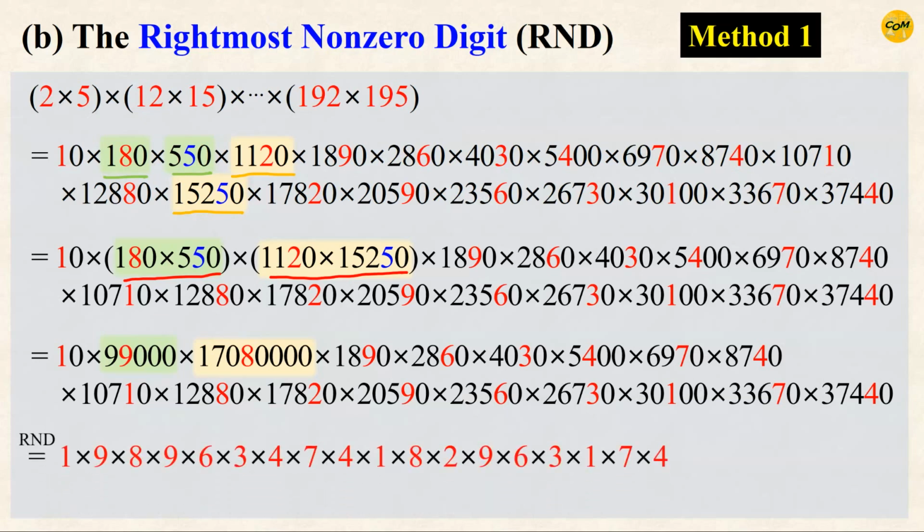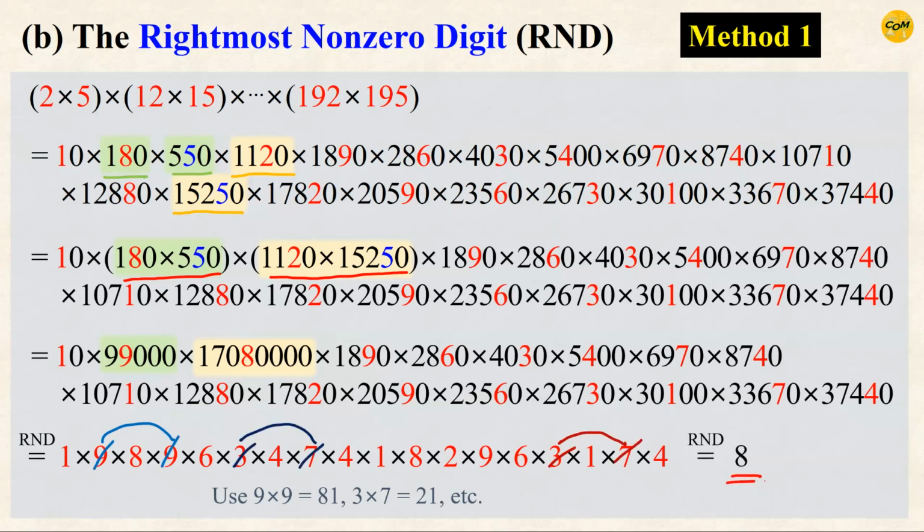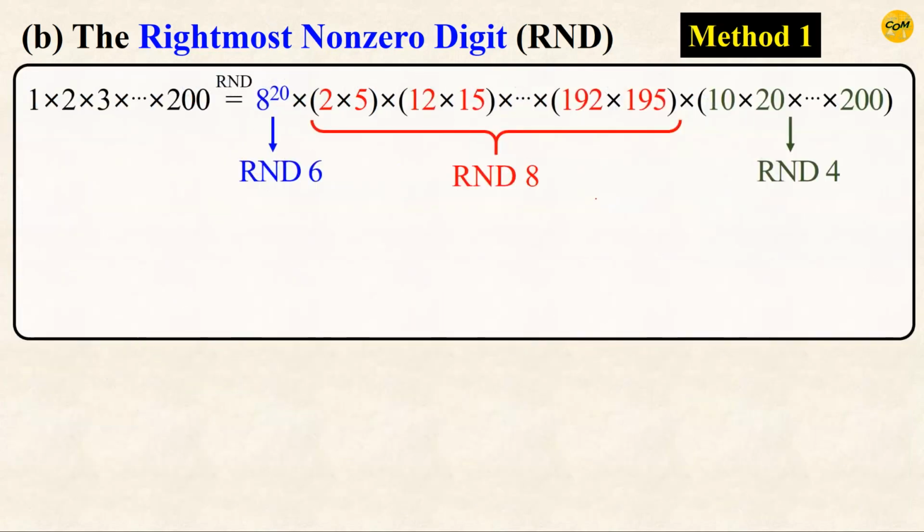Therefore, we can finally convert this into the product of RNDs and obtain the rightmost non-zero digit of 8. Therefore, back to here, this has the same rightmost non-zero digit as 6 times 8 times 4, which has the same rightmost non-zero digit as 2. Therefore, the rightmost non-zero digit of 200 factorial is 2.